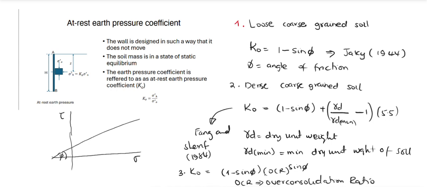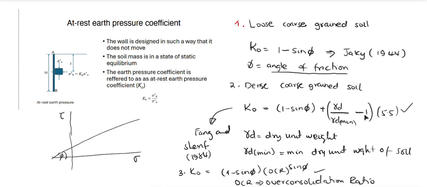That's our OCR. So depending on the parameters given, for instance, if the question gives you the parameter of angle of friction, then I think that the Jaky equation will go for it. If it gives you all these parameters, then you go by Fang and Sherif's one. If there is OCR, then you are going to go by this one.